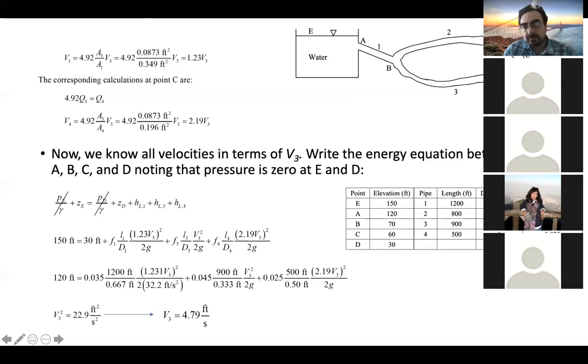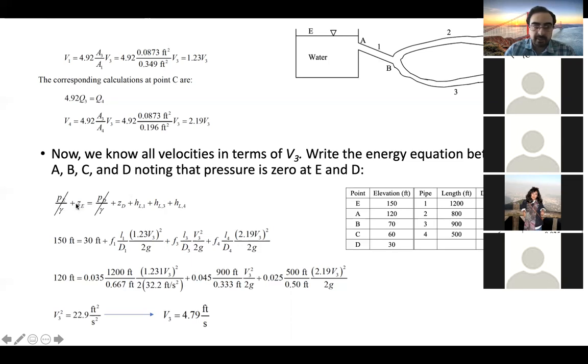Or you can go from pipe 2, but I go from pipe 3 because I have calculated everything based on the velocity of pipe 3, so that will make my calculations easier. So just note that the pressure at E and the pressure at D are equal to atmospheric pressure. So in terms of gauge pressure, that's going to be 0. So I can just neglect the pressure at point E and point D. So this is going to give me this equation here.